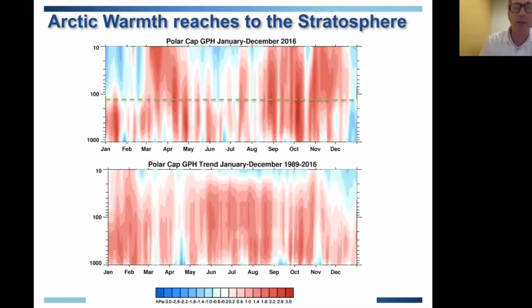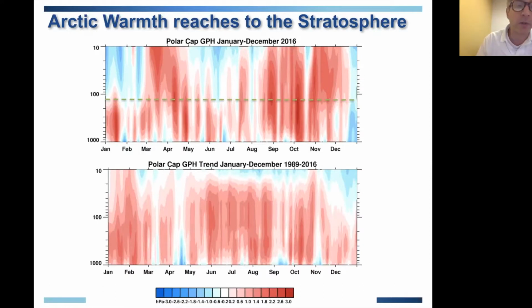On the bottom is the trend in this era of Arctic amplification. You can see that this warming, or raising of the geopotential heights, is consistent throughout the year.